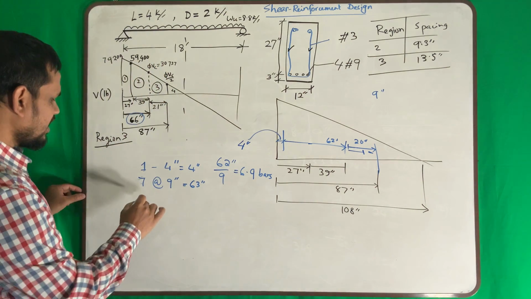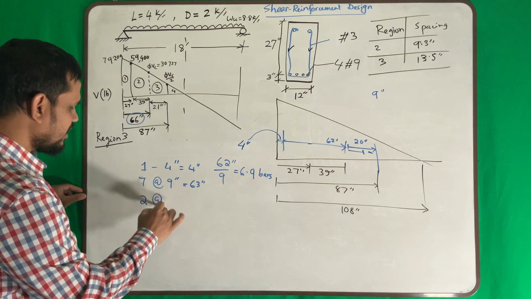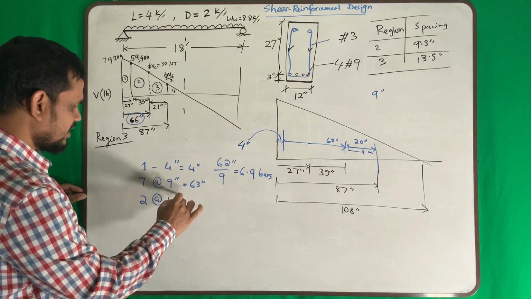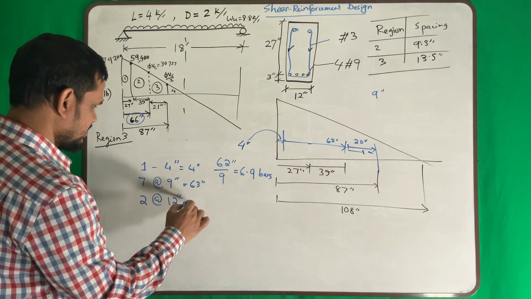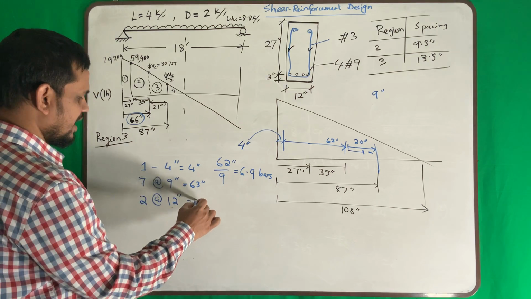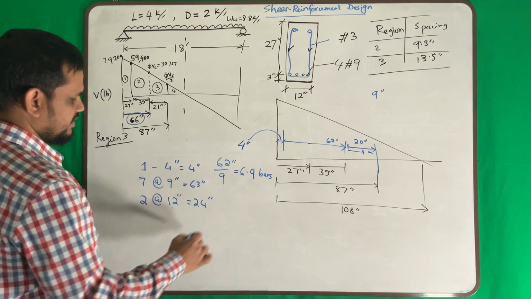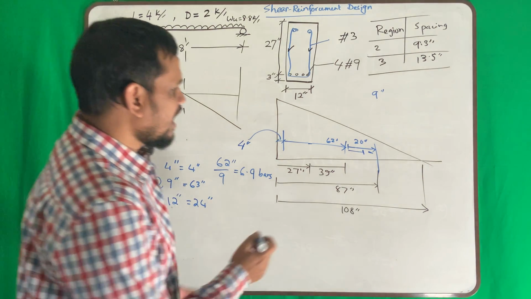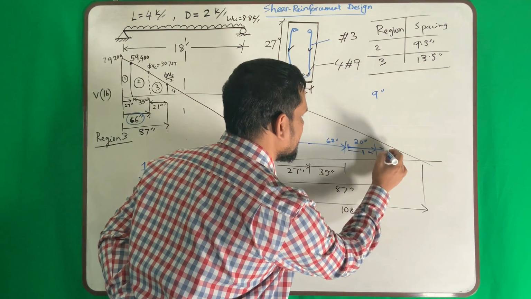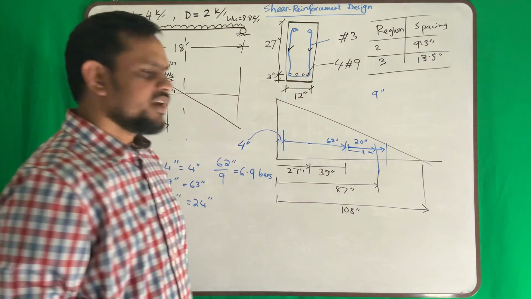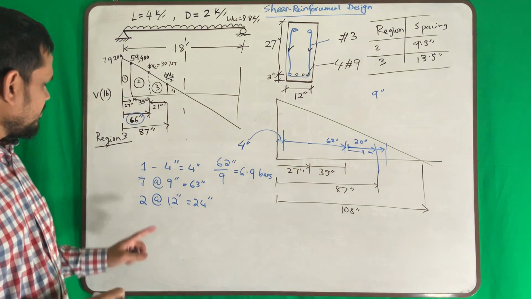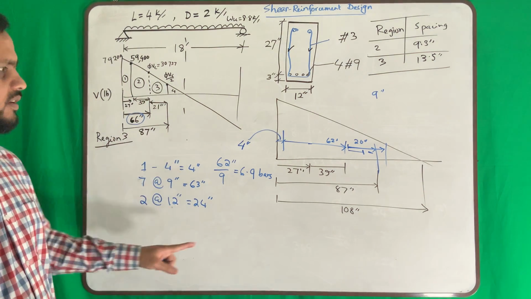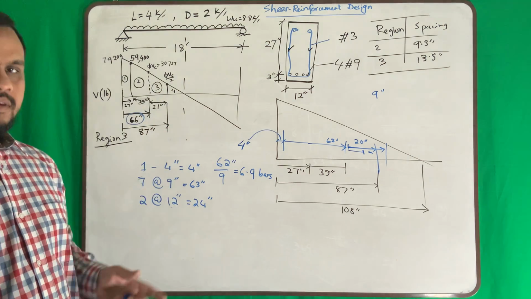Better to be practical, provide 2 bar at 10 inch, or even I can provide 12 inch. Then I am covering another 14 inch. That means I am going more than this. If you provide more, there is no problem. To round up, you can choose this configuration in region number 3.